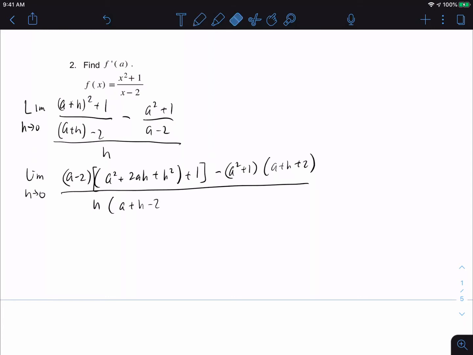Oh, that should be a minus 2 right there. Okay, we okay with that? Yes. Okay.